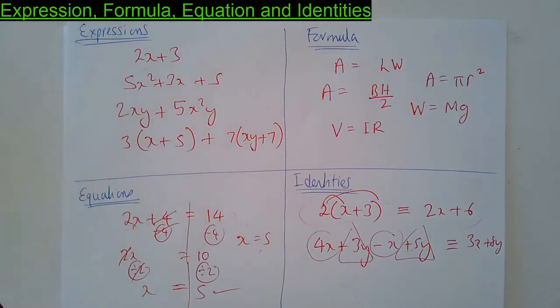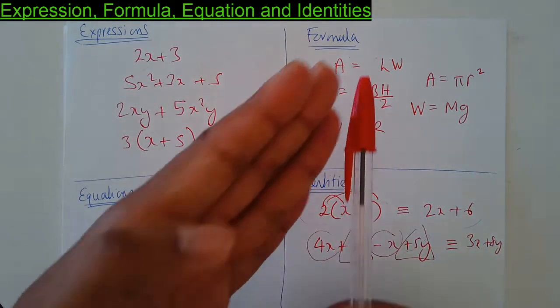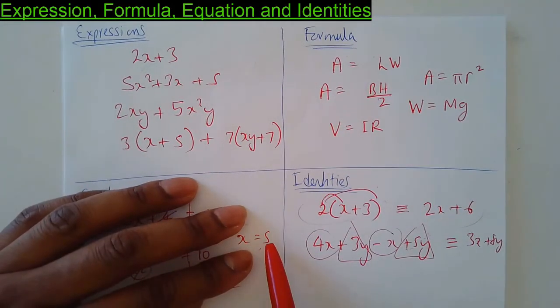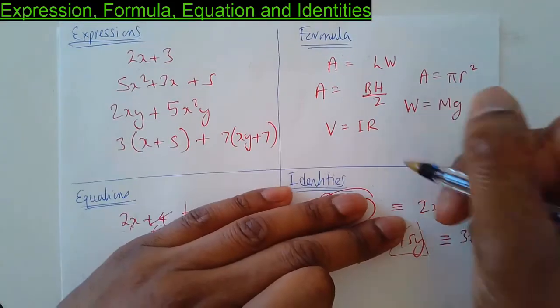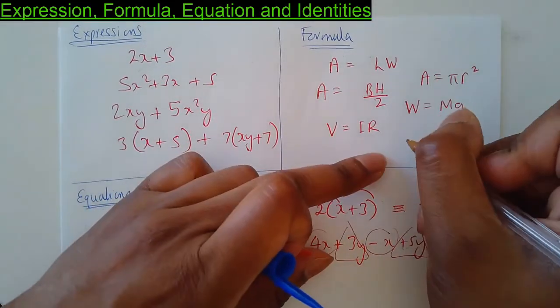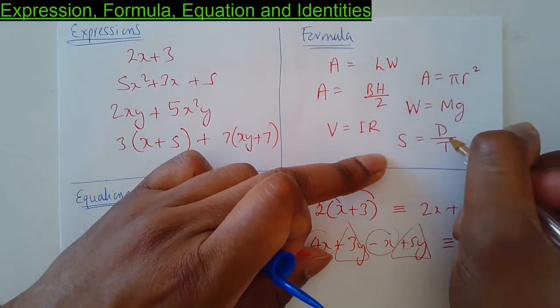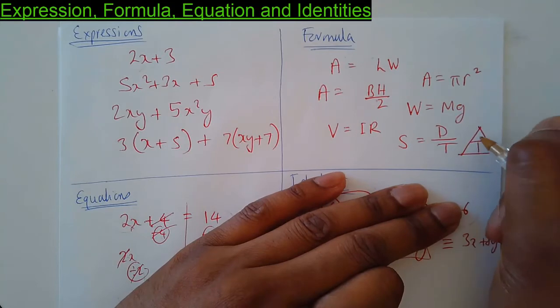The real confusion is between identifying what is a formula and what's an equation. Well, a formula gives you something useful in real life. I mean, this one is from physics, maths. Here's another one. You can have, for example, speed is equal to distance divided by time. Some of you know it as a triangle, DST.